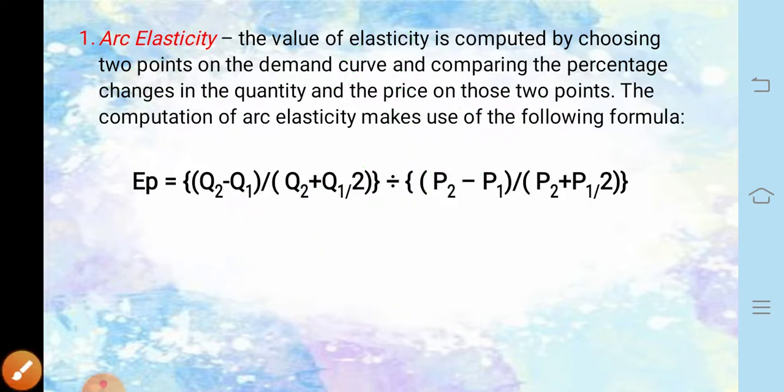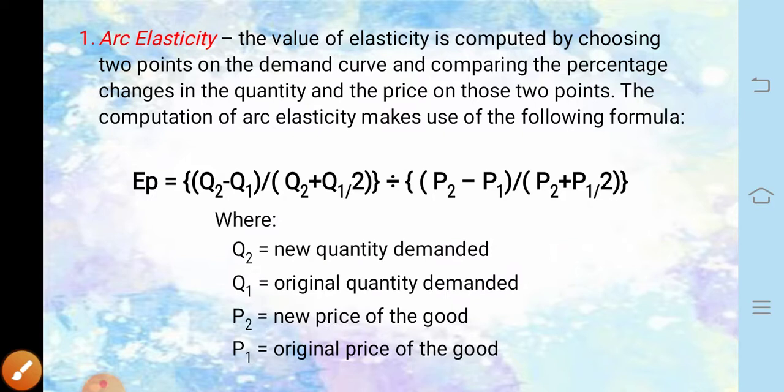Okay? All you have to do is tatandaan lang yung mga formula na yan, where Q sub 2 is the new quantity demanded and the Q sub 1 is the original quantity demanded, which is the Q sub 2 is yung changes. Nakuha. If the demand is ganito, and then the new quantity demand will change. Nakuha. Which is the Q sub 1 is the original quantity demanded.